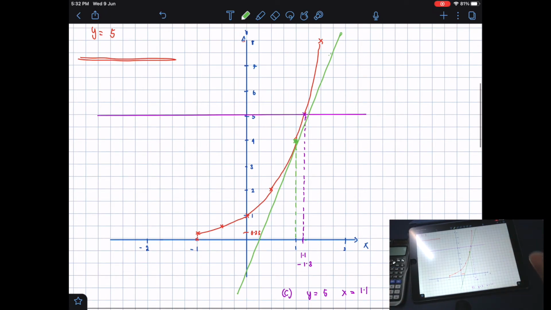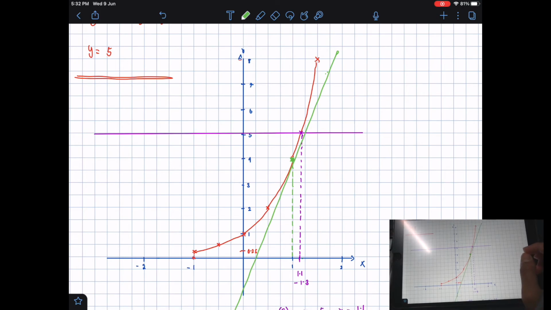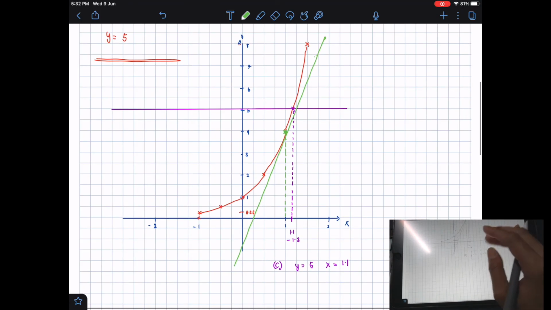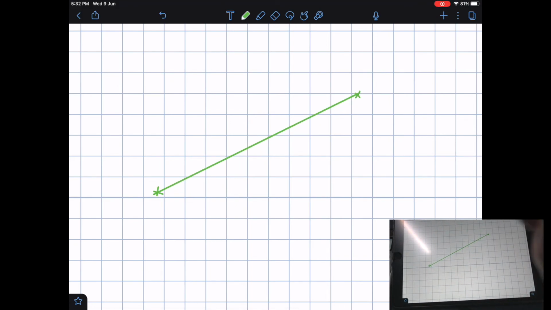And from this line, what you have to do is find the gradient of this line. To find the gradient of any straight line, you have to pick 2 points.